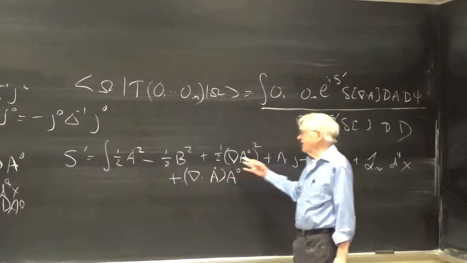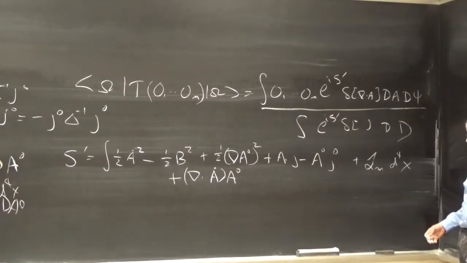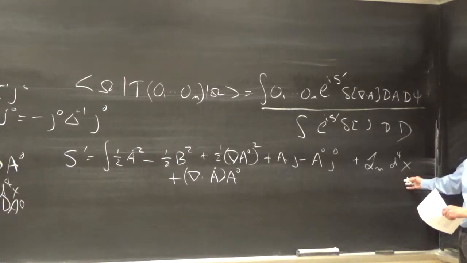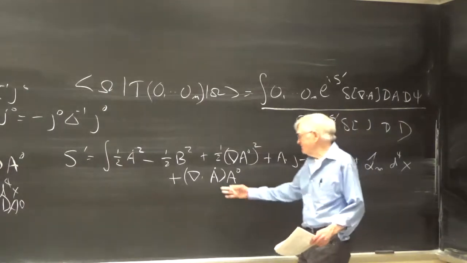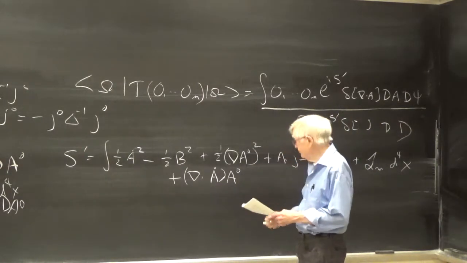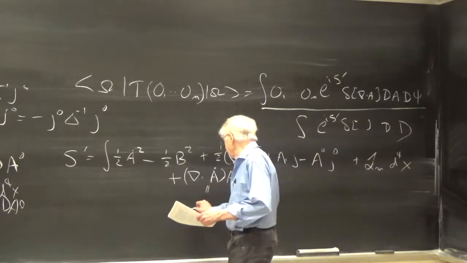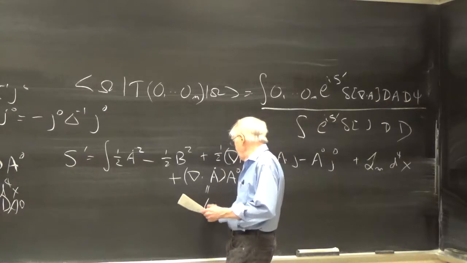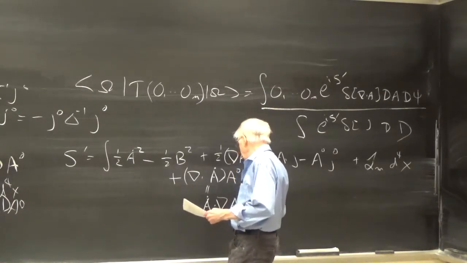In other words, in this action, we can imagine that A is not transverse, because we've got the transverse gauge condition making it transverse. And so we can pop this in, which is just 0. On the other hand, this thing is actually the same, of course, after integration by parts, as A dot grad A0.